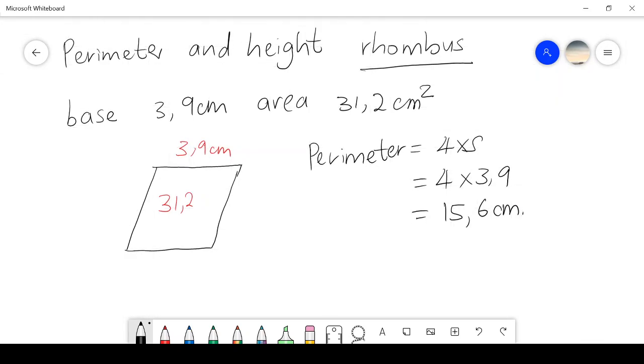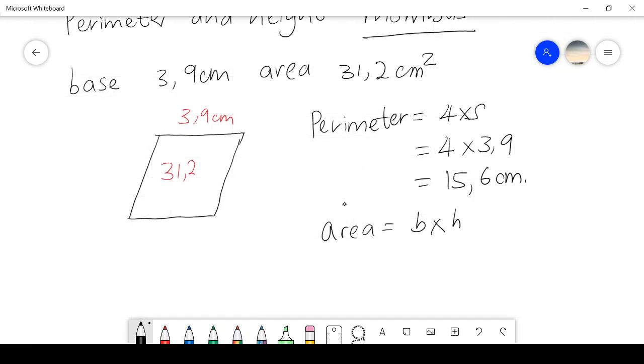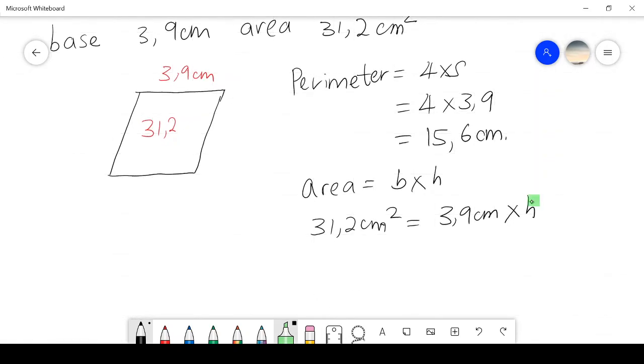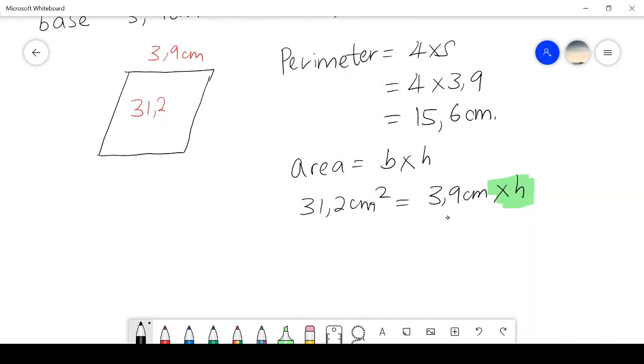Now if I wanted the height and I'm given the area, I can use the formula area is equal to the base times the height. The area is 31,2 centimeters squared and my base is 3,9 centimeters multiplied by the height. I am now solving for h, so I need to do the inverse operation.